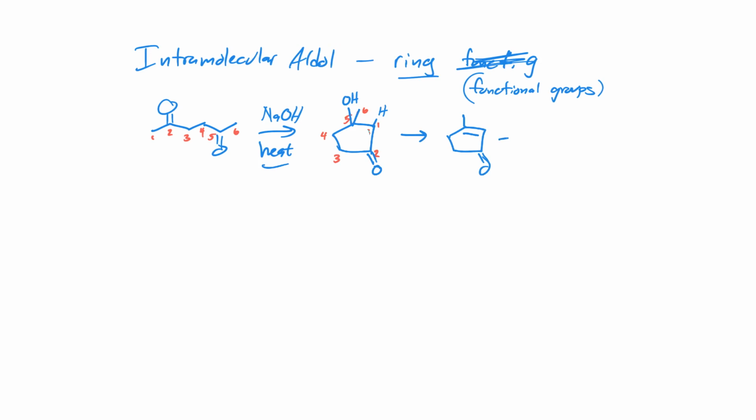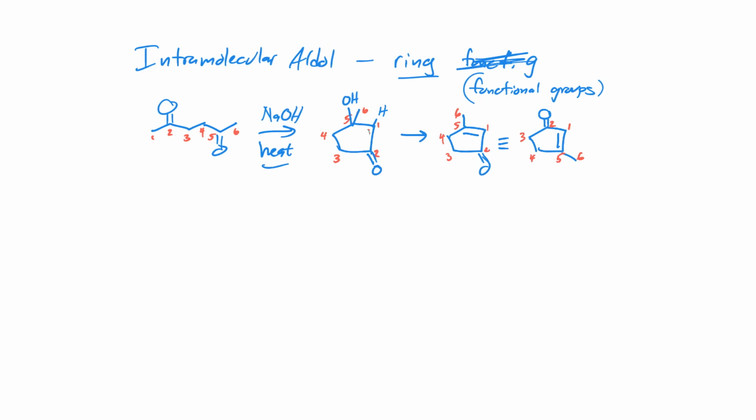And I'm going to redraw that in the way I would draw it so it looks a little nicer. Again, it doesn't matter which way you do it. Let's number these carbons again. And this one would be 2, that would be 1. So you can keep track of those.